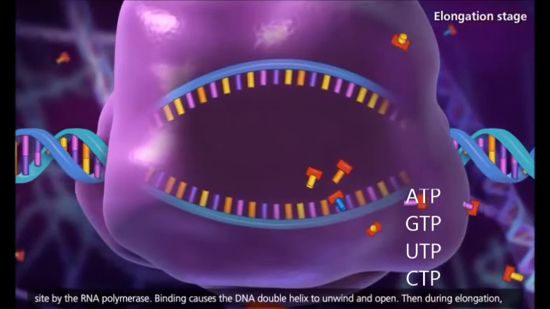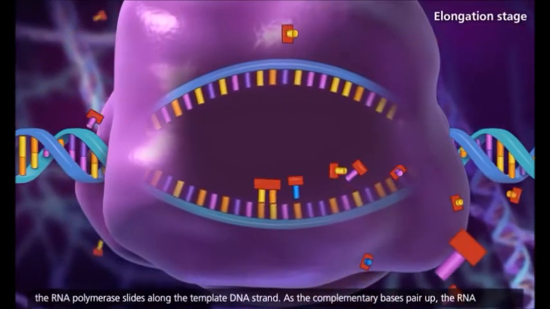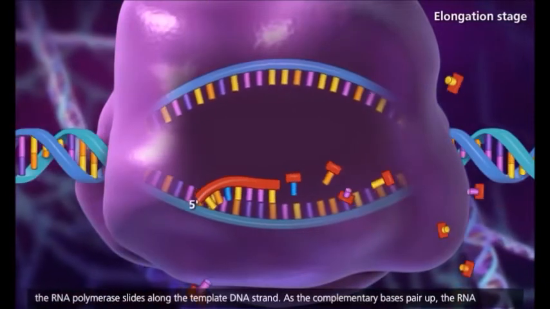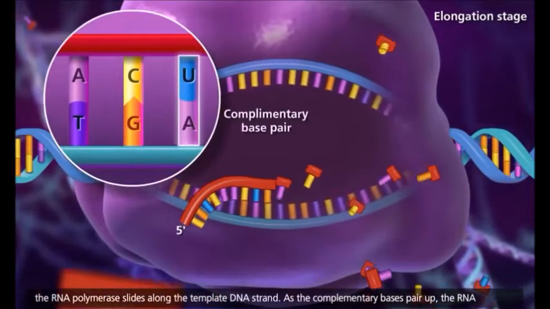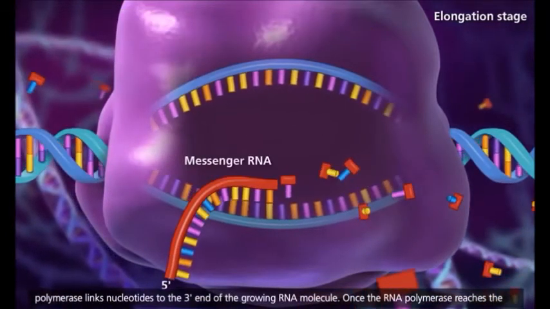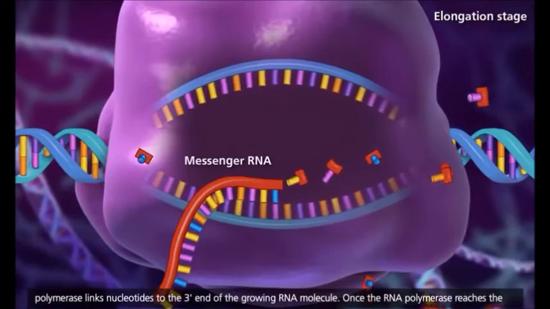Then during elongation, the RNA polymerase slides along the template DNA strand. As the complementary bases pair up, the RNA polymerase links nucleotides to the 3' end of the growing RNA molecule.